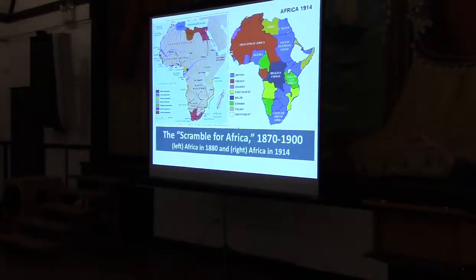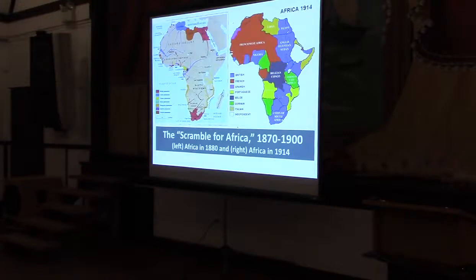There was very little European penetration of the interior of Africa. Just 30 years later, literally the entire African continent, with the exception of Ethiopia and to some degree Liberia, was under the control of one or another of the major European powers.